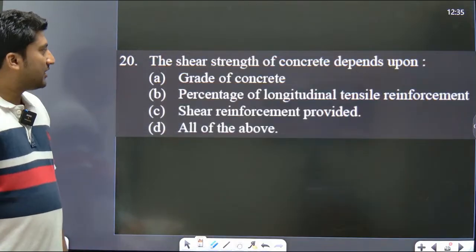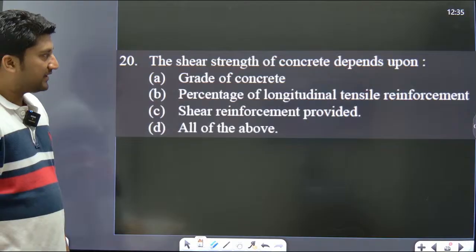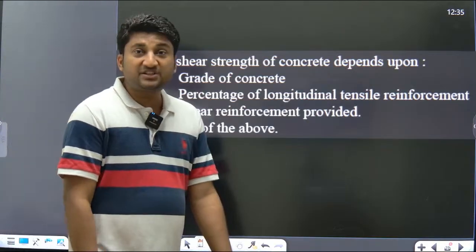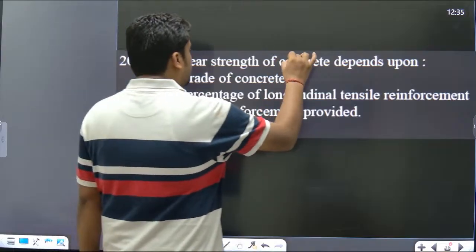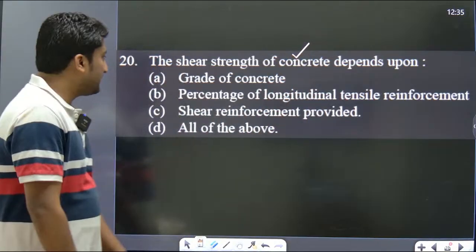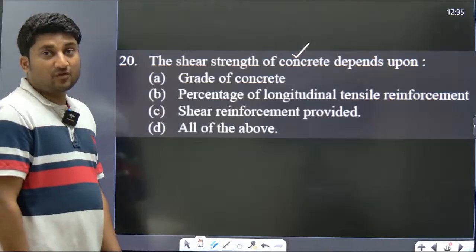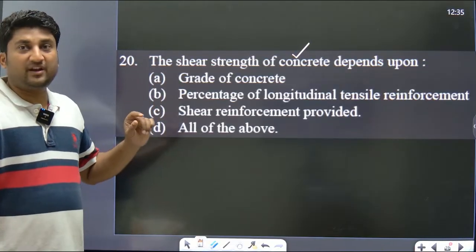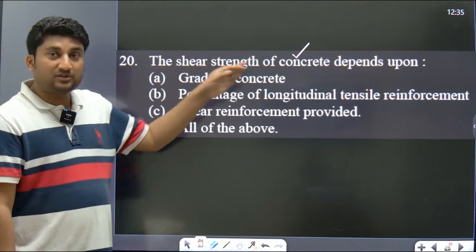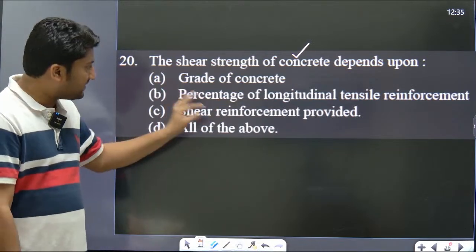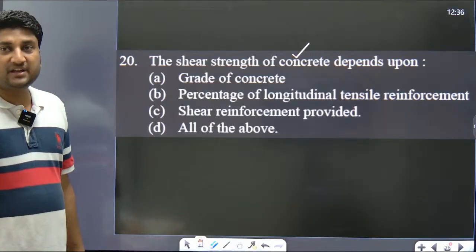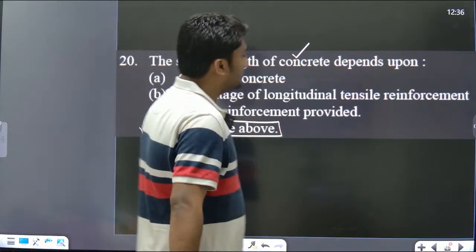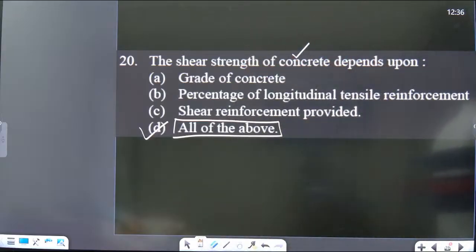The grade of concrete, percentage of longitudinal tensile reinforcement, shear reinforcement provided, or all of the above. The shear strength of concrete depends upon the grade of concrete, as well as the percentage of longitudinal reinforcement, as well as the shear reinforcement provided. Hence the correct answer is option D. So shear strength of concrete depends upon all the factors given in the question.